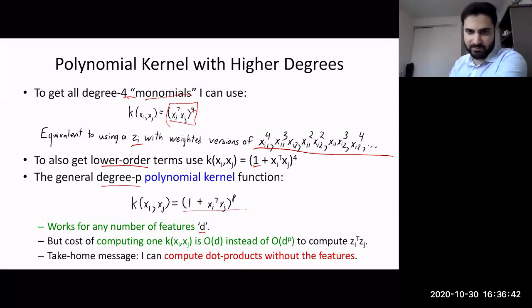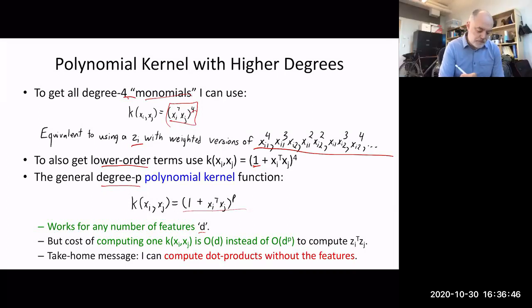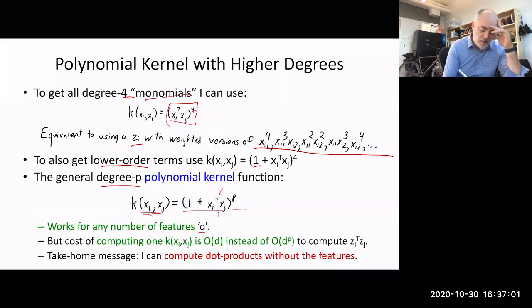Multinomial theorem. Weird Pascal's triangle math. Yeah, exactly. The point, though, is that when we compute this, it only involves an inner product in the original feature space. So this is an order d time operation: d multiplications plus 1 addition plus 1 exponentiation. So the cost of computing one entry is just order d, instead of order d to the p.